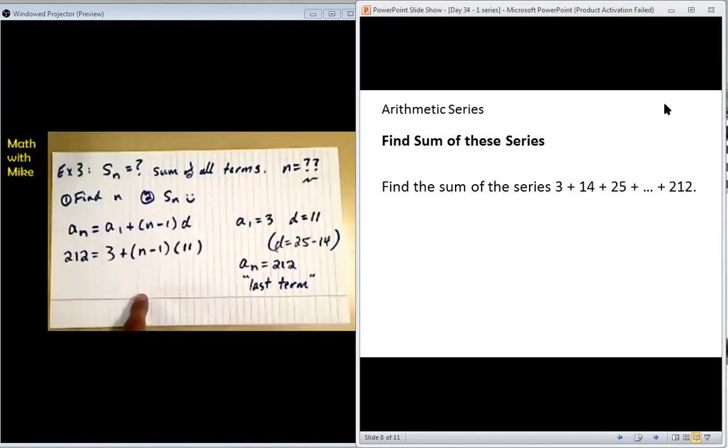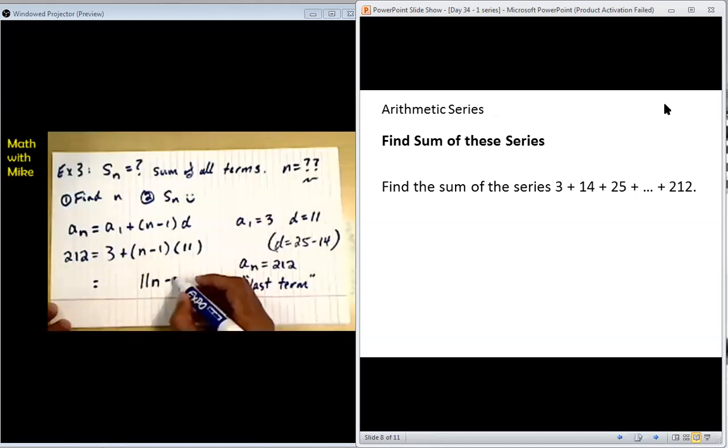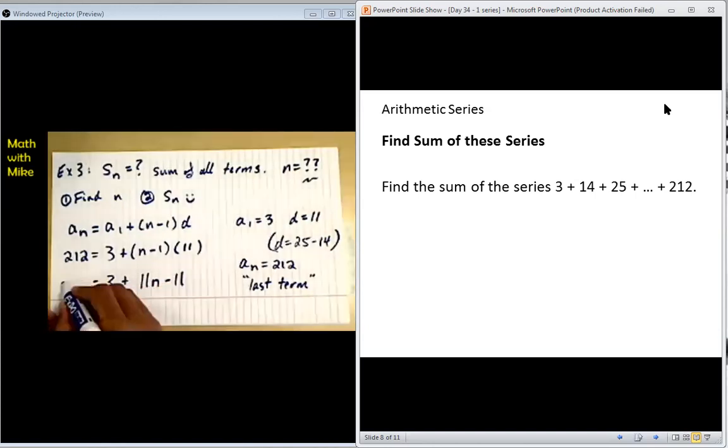That's what this is all for. 11 is going to multiply into N minus 1 for sure. So we get 11N minus 11. Still going to be 3 plus that, and then bring down the 212.